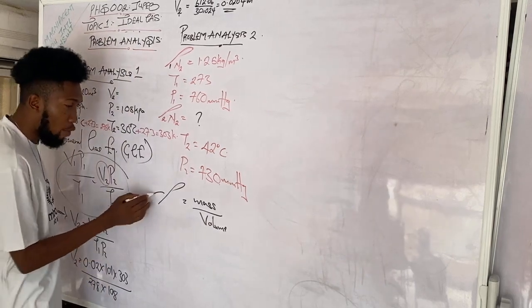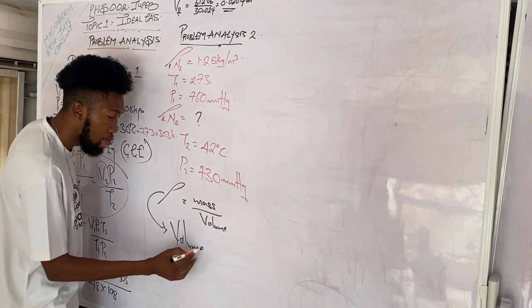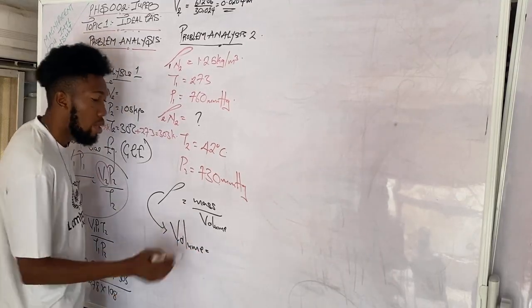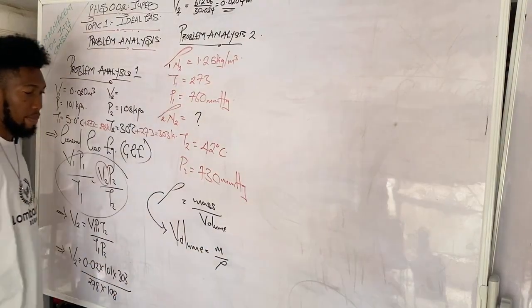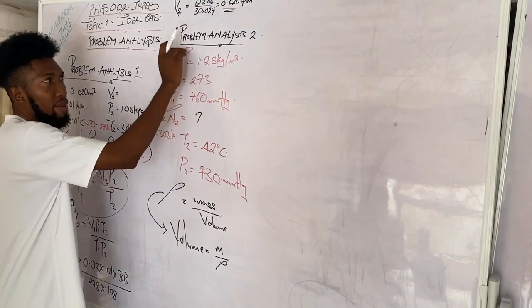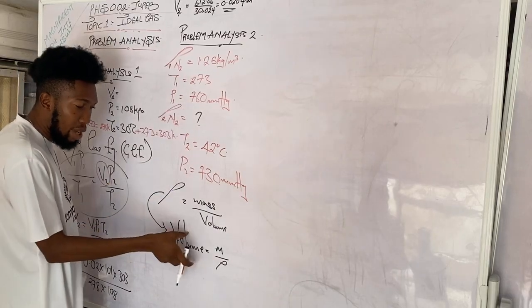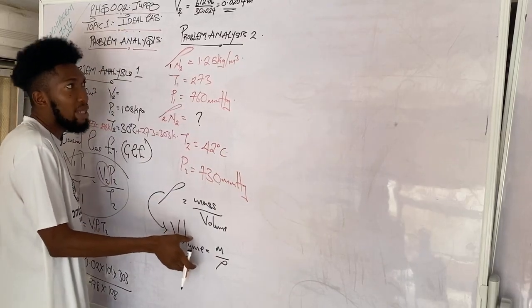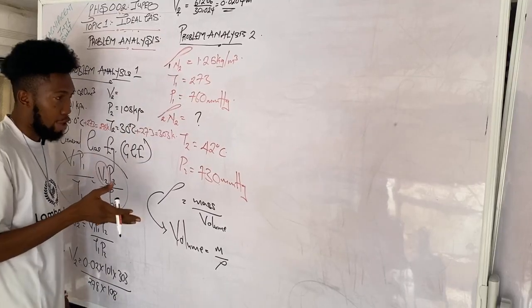From this formula, we can conclude that volume is equal to mass M over density. So from our expression of density, we can actually bring out volume, and volume is one of the parameters we use in the ideal gas law. And that's what we are going to be doing.